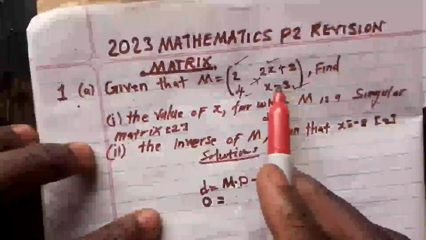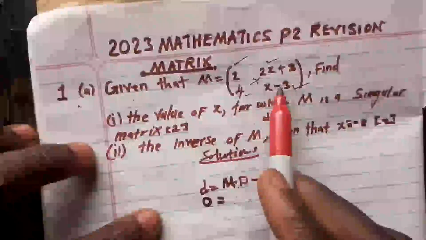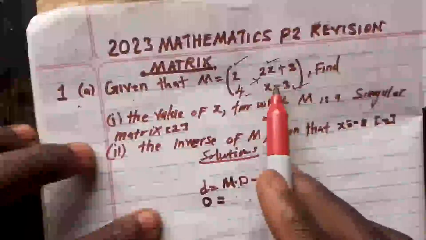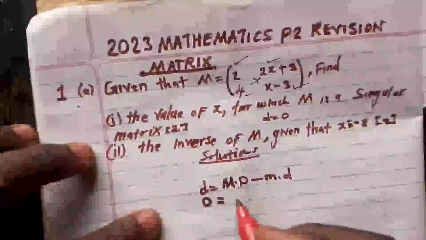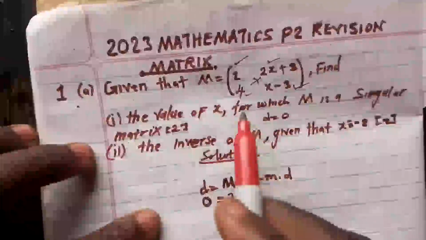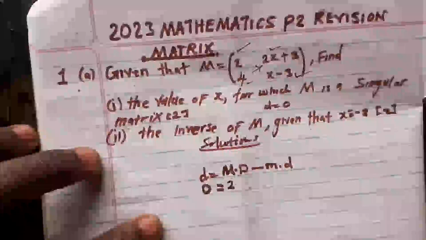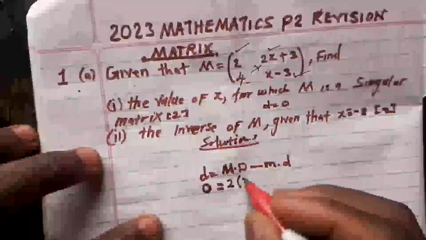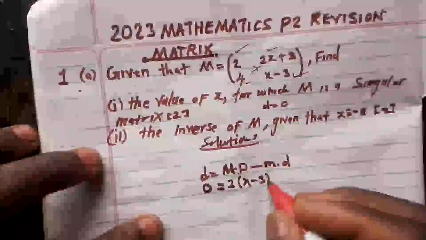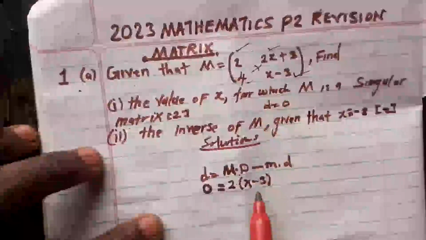Now x and 3 are connected by a minus, so I'm going to say 2, open bracket, x minus 3, close.